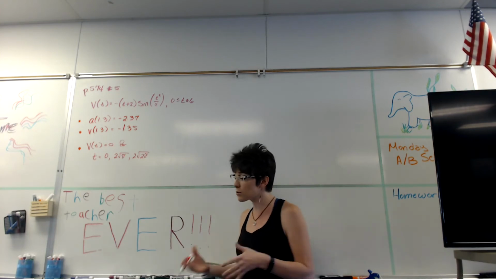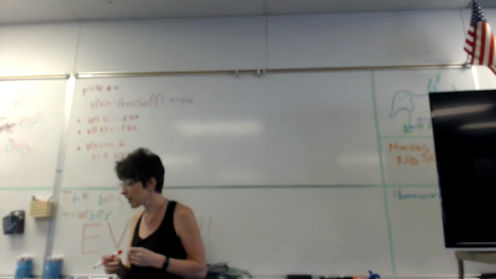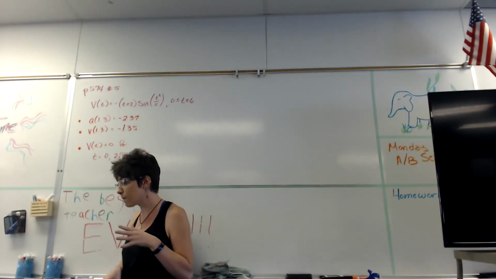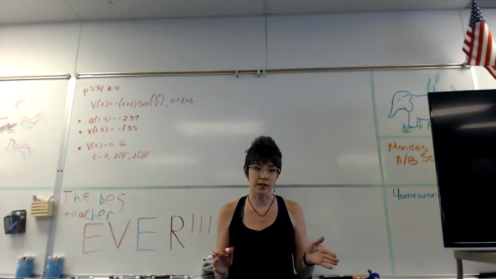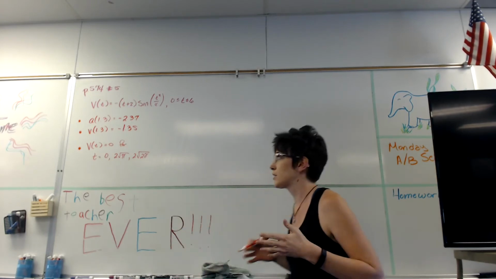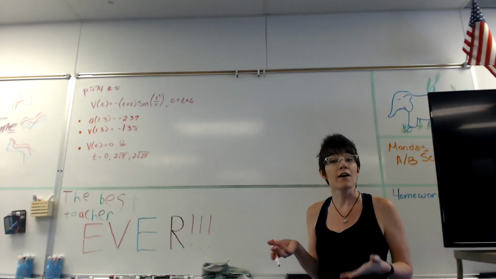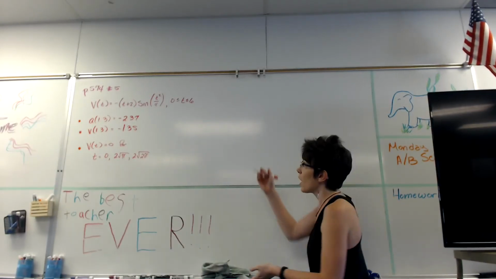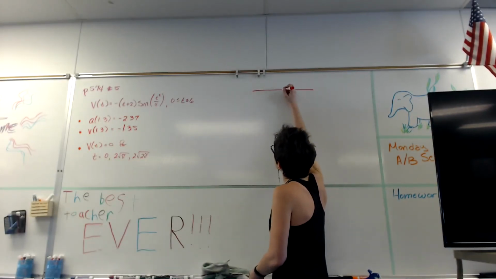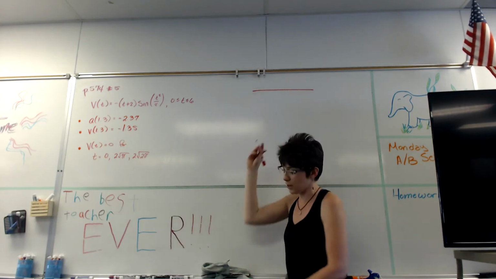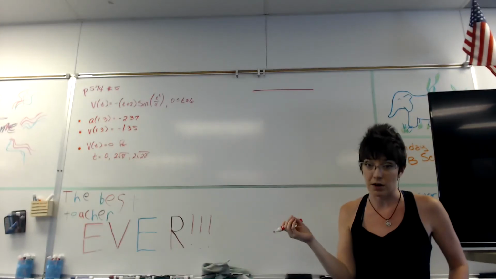The next part of this problem asks us to find the displacement of the particle at the end of the time period from 0 to 6 seconds. So I started to draw an idea of how my particle is moving, and here's some interesting stuff to notice. I don't know exactly where this particle started.